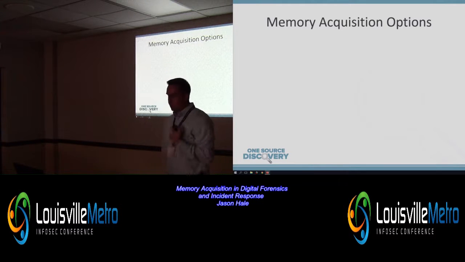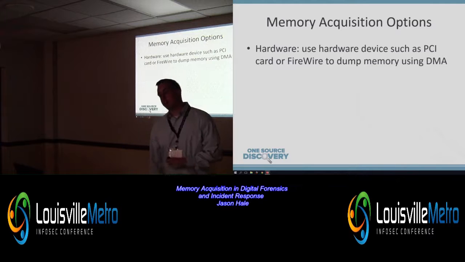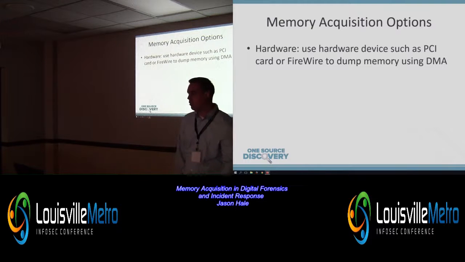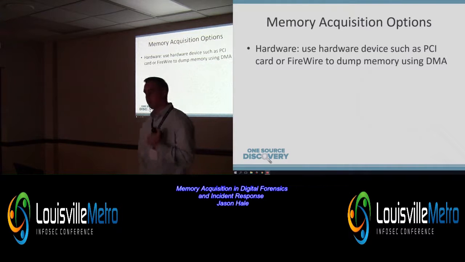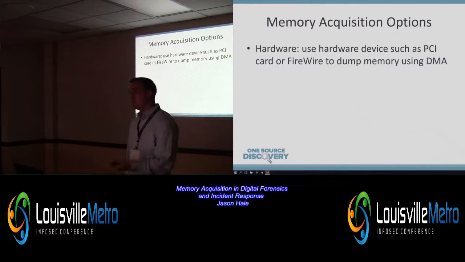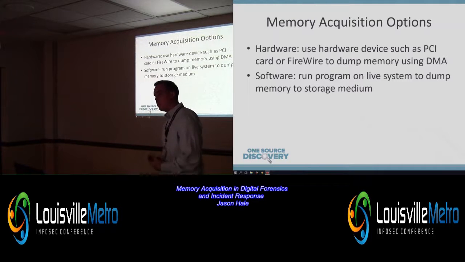And so the options that we're going to talk about today, with regard to the actual acquisition, we have hardware options. So we'll start off with this. This is going to be using a hardware device, typically a PCI Express card, or a FireWire port, to dump memory using DMA. We also have software options. This is the more common approach in my experience.